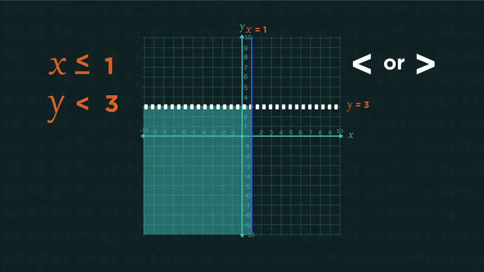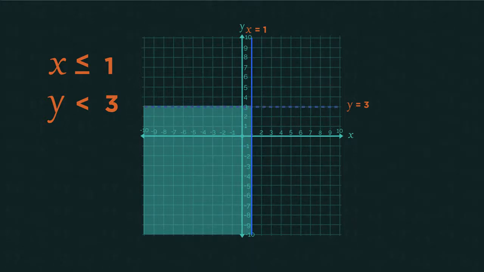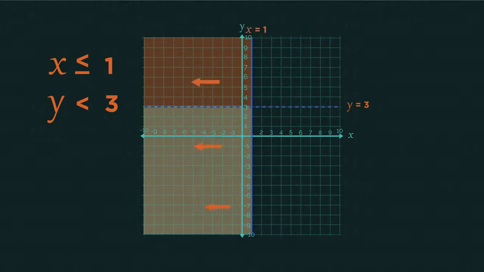It's missing bits. So looking back at our example, because x is less than or equal to 1, firstly, it's a solid line because it's or equal to. We then shade to the left of the line x equals 1, because for x, we want everything that is less than 1.